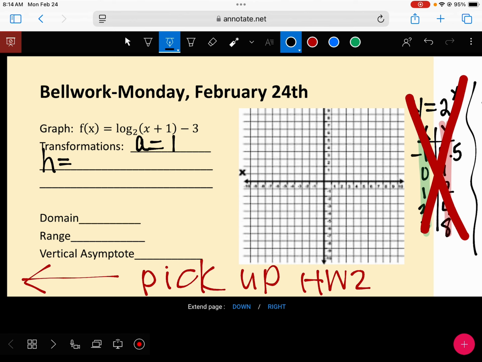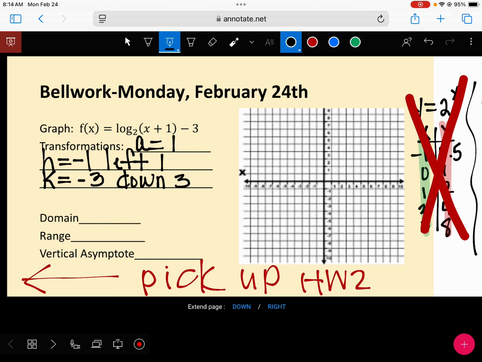Look in the parentheses and flip the sign. -1, which is going to make it go left 1. And then Olivia, what's our k value? That's the number in the back. So our k value would be -3, which is going to move it down 3.